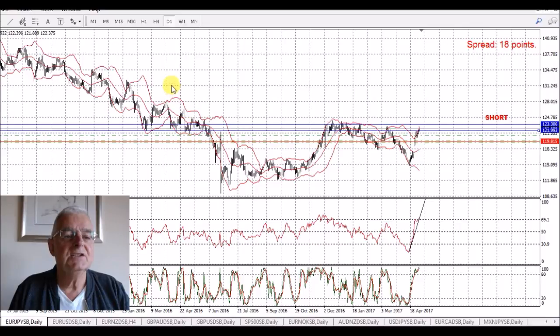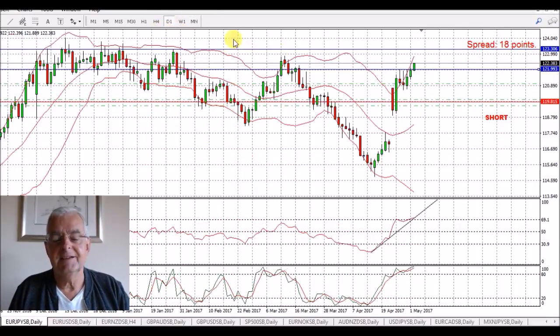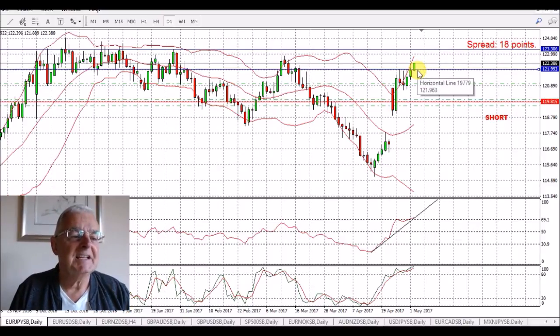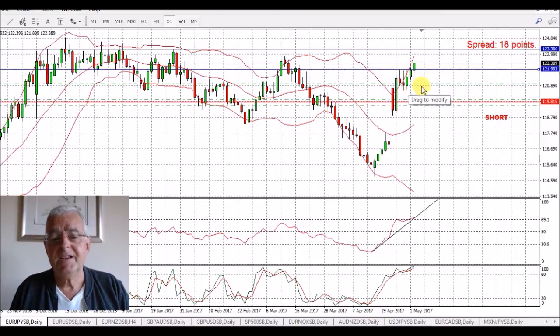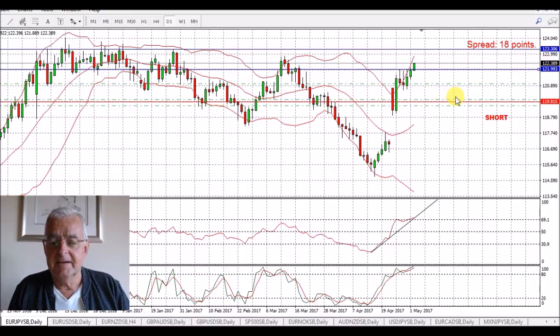Euro, Japanese yen. Let's make that look a bit bigger for us. There you go. Broke out above the resistance. Basically a weak Japanese yen on the news last night. We haven't quite broken the trend line yet on the RSI.